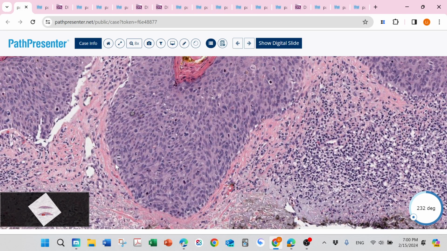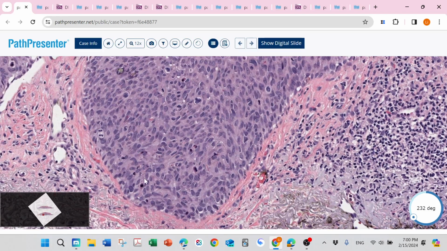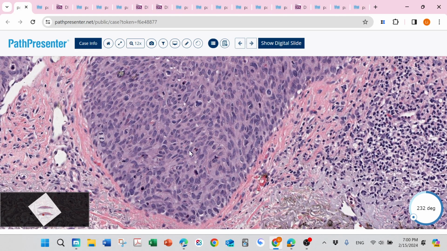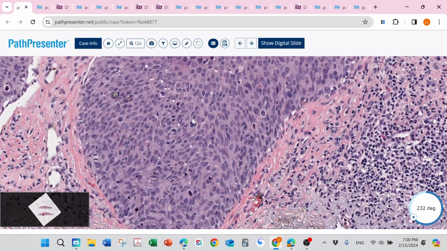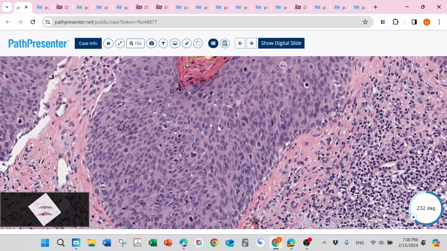If you don't believe me, I can give you a high power to see from the basal cell layer. We can see the cells with loss of polarity, really dark, hyperchromatic. They have crowded growth, really atypical cells, not only focused on the basal cell layer. And then in terms of mitosis, apoptotic cells, really ugly keratinocytes, mitosis everywhere.